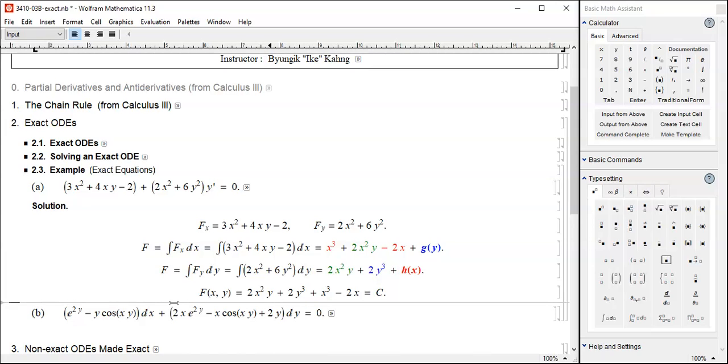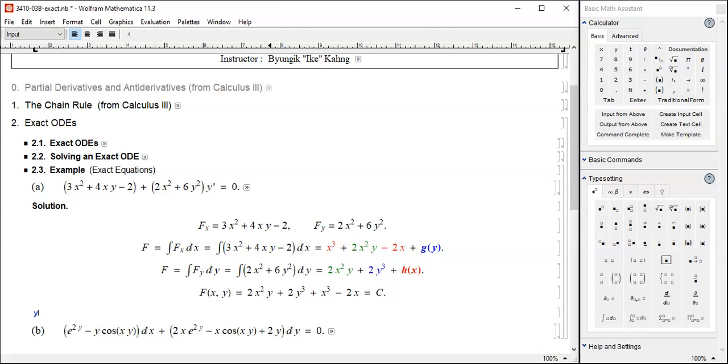Let's see. Is there a good way to check this? Yeah, okay, let's check this. So let's take this. Okay, 2x squared y of x plus 2y of x cubed plus x cubed minus 2x, and then equal to c, all right?